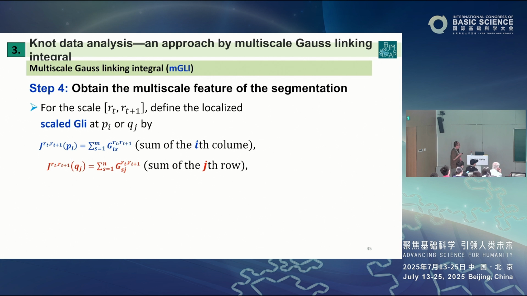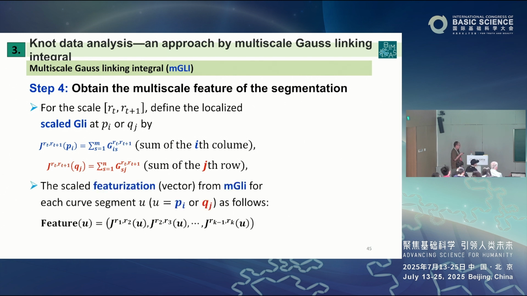Finally, we obtain the multi-scale feature of the segment in this way. For the scale, we define the localized scale GLI by this: just take the sum of the items in the ith column, and this one is the sum of the jth row in the matrix.